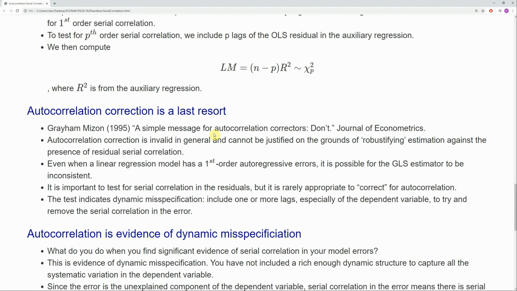Usually the main reason that autocorrelation is happening is that we haven't included enough lags in our model, specifically enough lags of our dependent variable. That is why there is some autocorrelation in our error terms, because that information hasn't been captured. So if we bring that information in, then the error is not compensating for that, thus ending up matching our assumptions for OLS way better than in the case of autocorrelation.